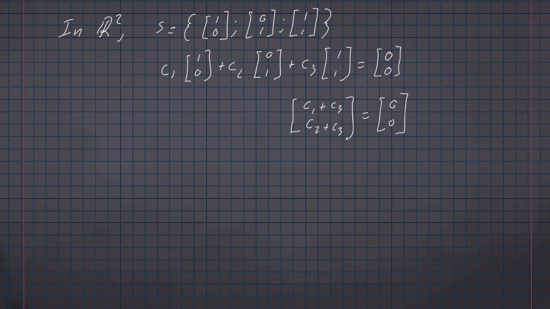So this turns into the system of equations C1 plus C3 equals 0, C2 plus C3 equals 0. 2 equations and 3 unknowns. Just from that, you know that things aren't quite going to work as nicely as we would hope.